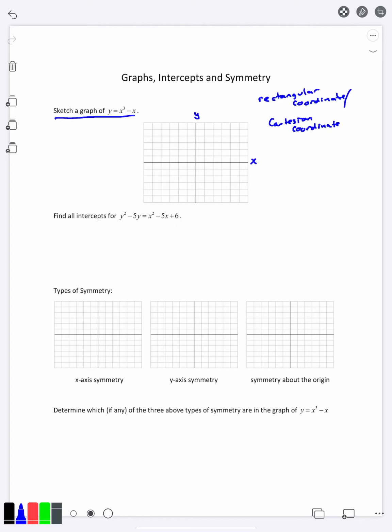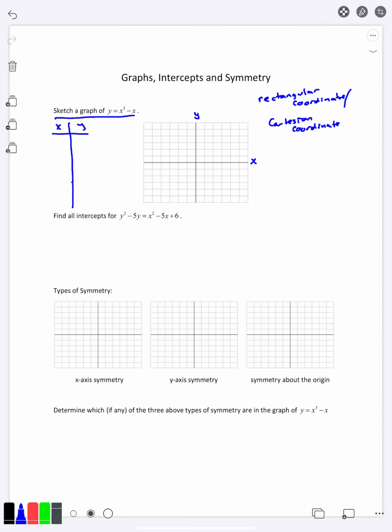In fact, the only good way that works for any equation you come across, and the one we're going to use right now, is the idea of making a table. We're going to make ourselves a nice XY table and use that to draw our graph.